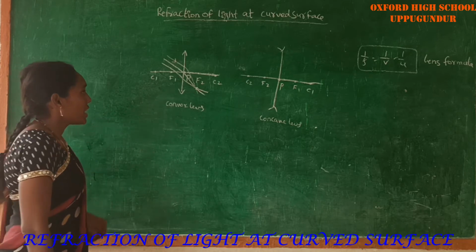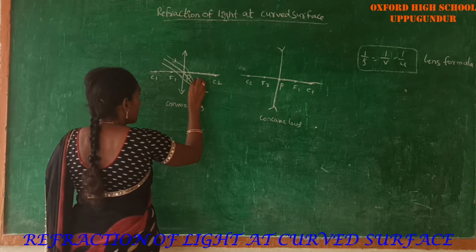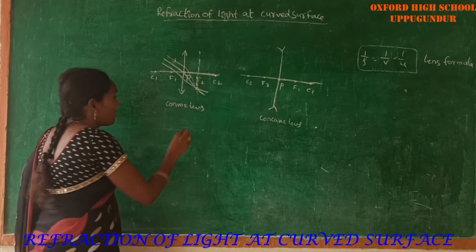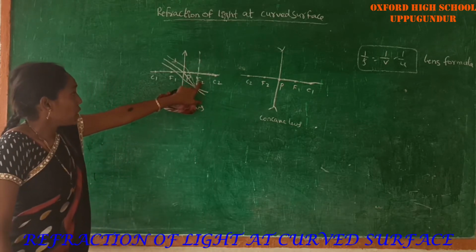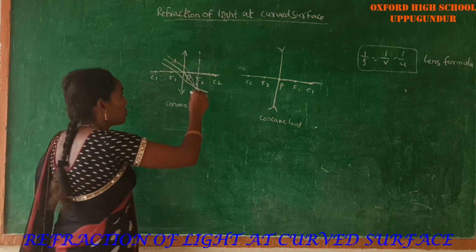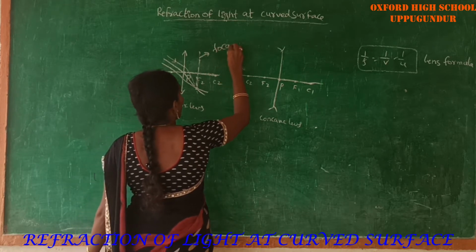Draw a line from this point to the principal axis. That line passes through the focus. This line is perpendicular to the principal axis, and that plane is called the focal plane.